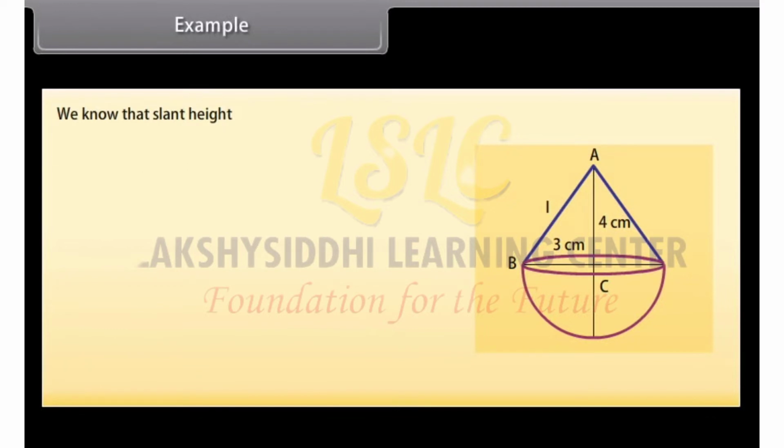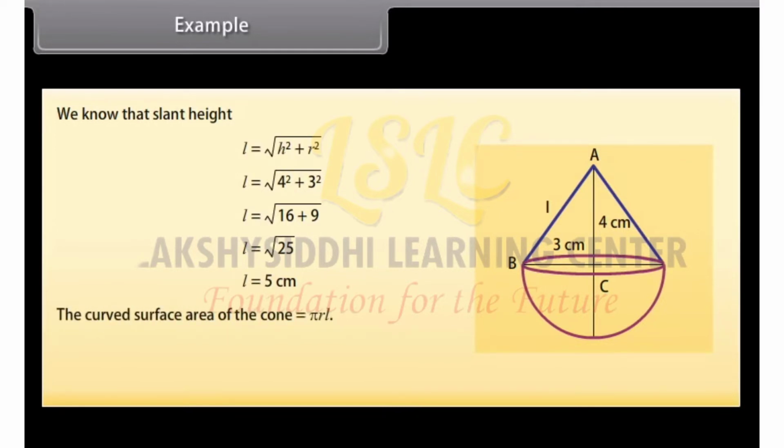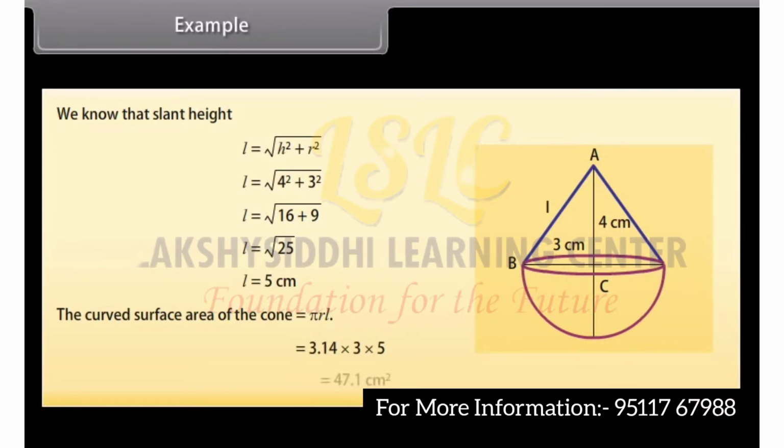We know that slant height l is equal to square root of h square plus r square, which equals square root of 4 square plus 3 square, which is equal to square root of 16 plus 9, which is equal to square root of 25, equals 5 cm. Now substituting the values of pi, r and l, we get 3.14 into 3 into 5, which is equal to 47.1 centimeter square.